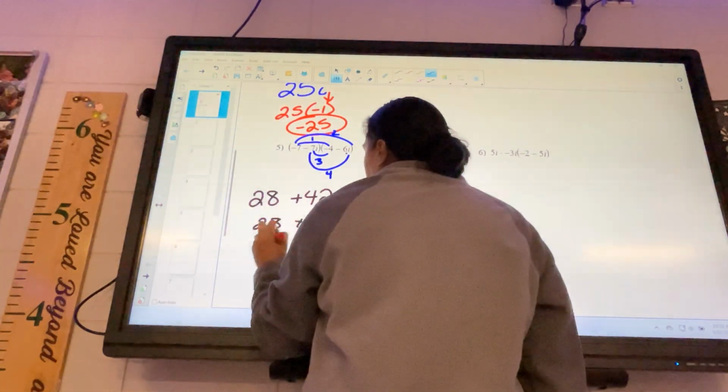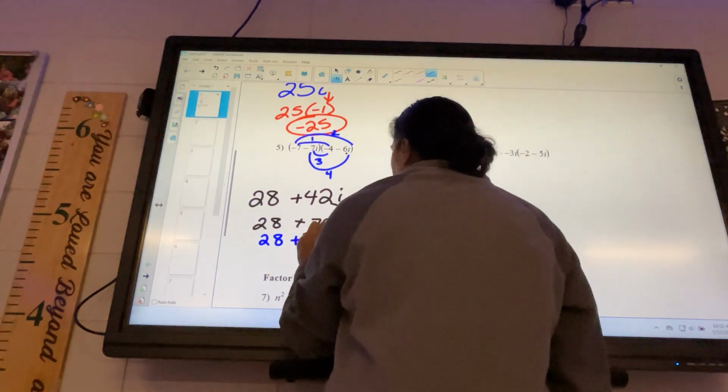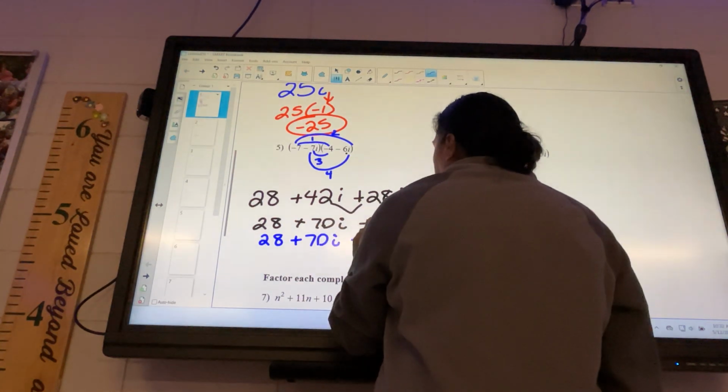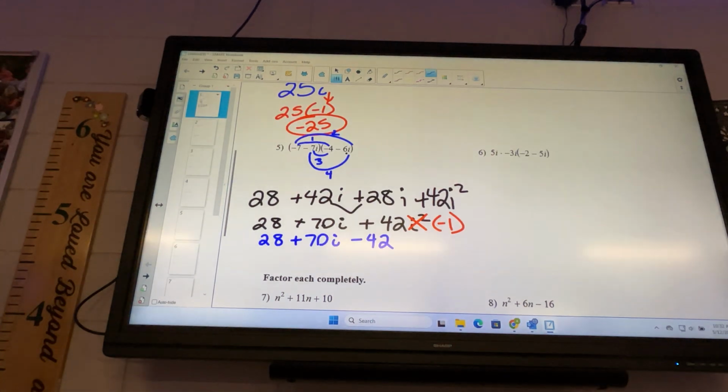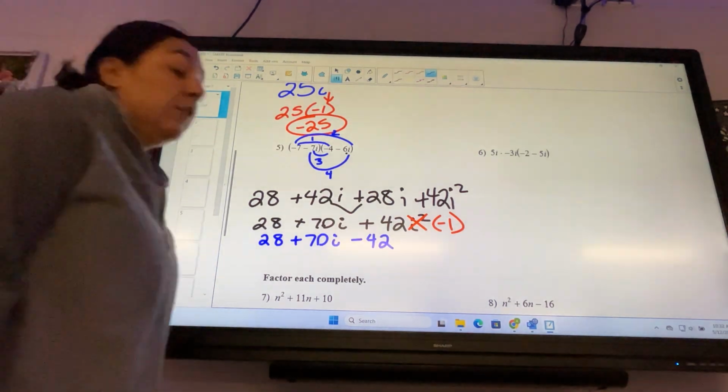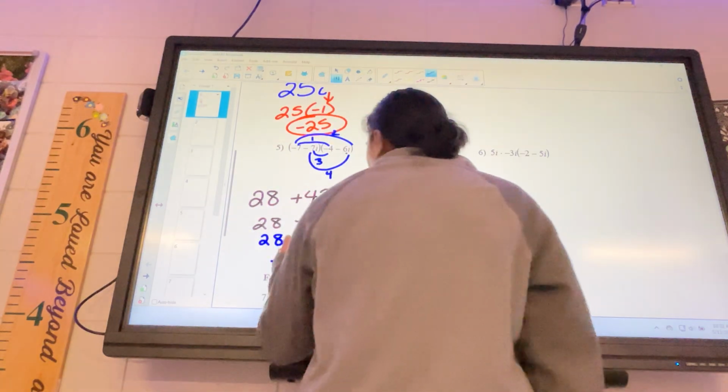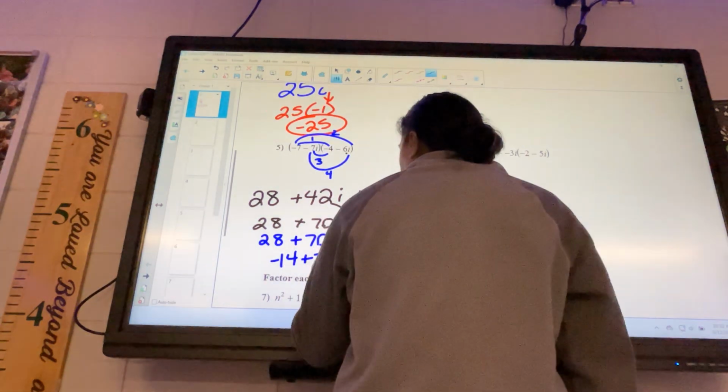And remember, I'm doing this one a really long way because you can use this on your test. Then what can get done? The 42 and the 28. What is 28 minus 42? Negative 14. Use your calculator. Negative 14 plus 70i.